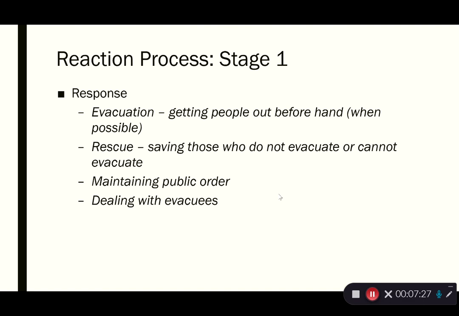And so cities far away from the disaster area oftentimes are called upon to deal with these disasters because that's where the evacuees are going. So they have to be prepared with shelters, necessary medicines, food supplies, all of those things to deal with this sudden population of evacuees moving into their cities. So it takes coordination across a much larger area than just the immediate area of the disaster.